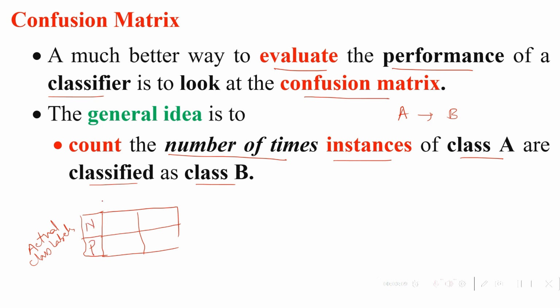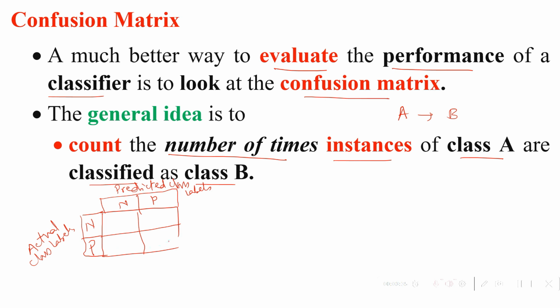We also have the predicted side, the predicted class labels, negative and positive. This matrix is going to be filled with four different types of values: true positive, true negative, false positive and false negative.